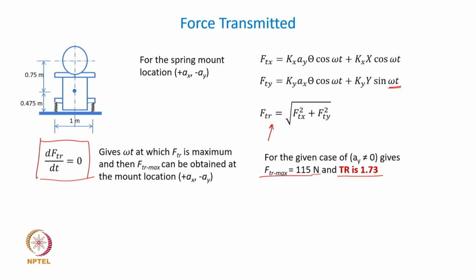And then you use again the expression for transmissibility, or just divide this maximum force transmitted by the force going through that spring, but keep it in mind that this cannot be divided by just F naught, and 1/4 of that force is getting through the spring that we are talking about. So, it will be 1/4 of the force generated at the motor location. That will give you a transmissibility ratio of 1.73. What do you make out of this number?